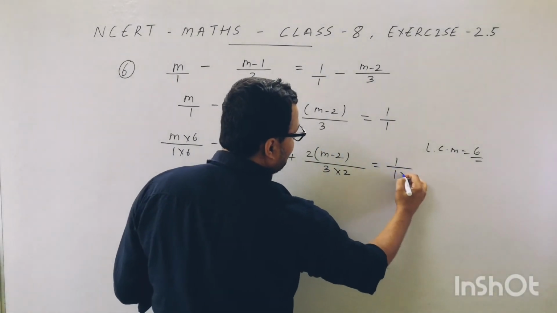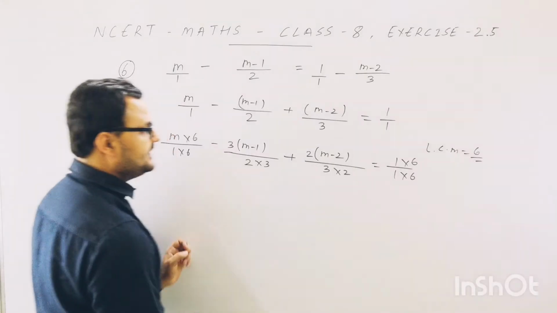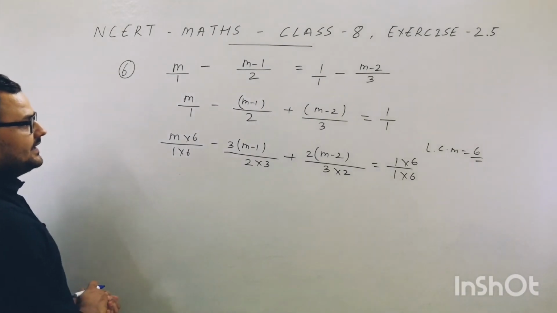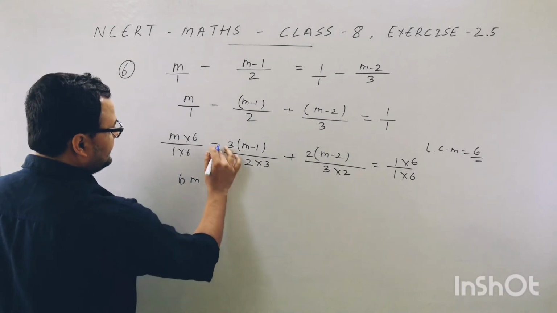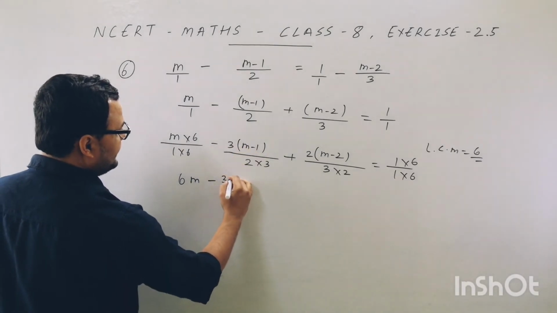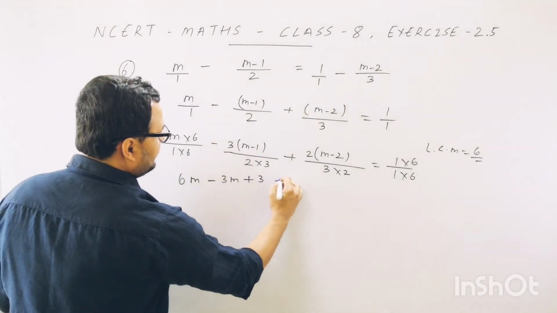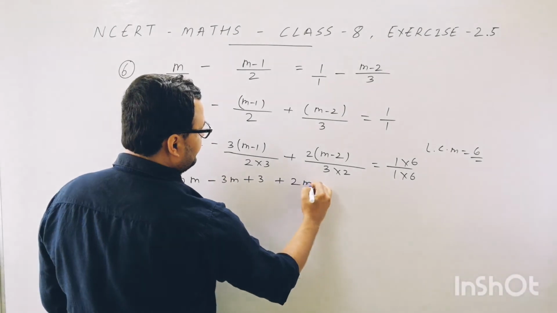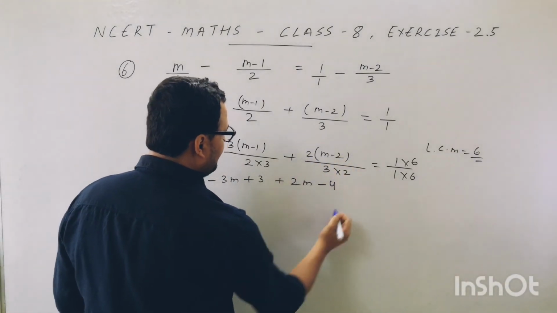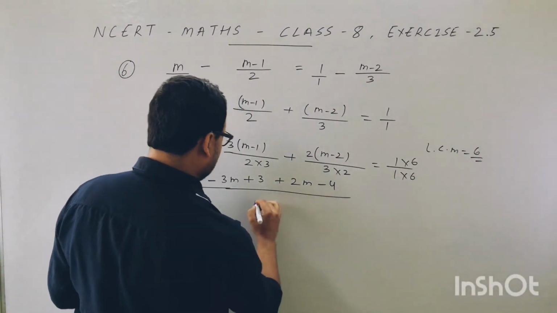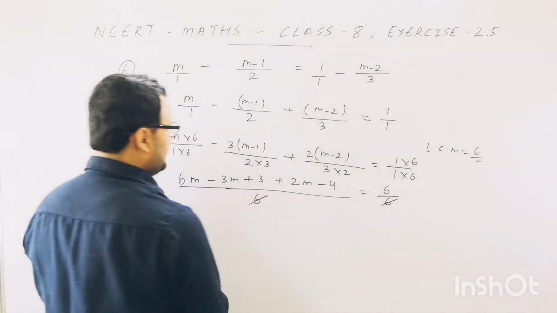Then 1 by 1 into 6, because we have to convert the denominators into 6 to make them like fractions. Now we got 6m minus 3 into m, minus 3m, minus into minus plus 3 into 1, so plus 3, plus 2 into m, 2m, plus minus 2 into 2, you got minus 4, divided by 6, equals 6 by 6. Again we cancelled.